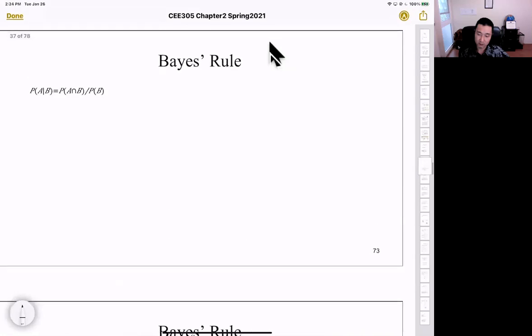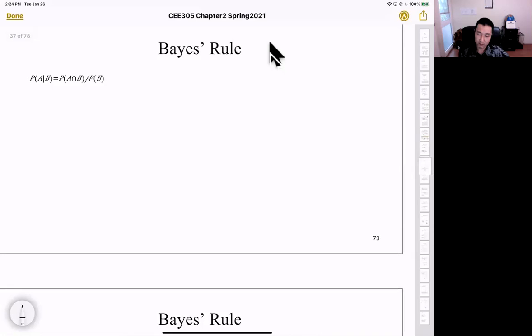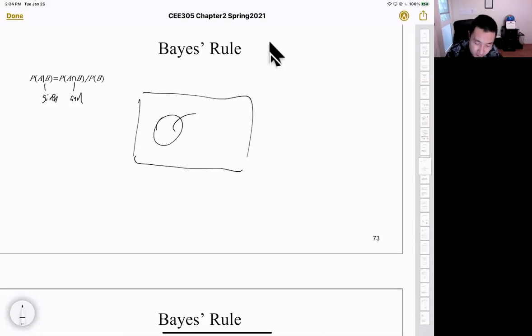All right. Next, let's discuss the so-called Bayes' rule. Before, we know P(A given B) is equal to P(A and B) over P(B). Again, seen from the Venn diagram, this is A, this is B, and this part will be A and B. P(B) is the whole circle.